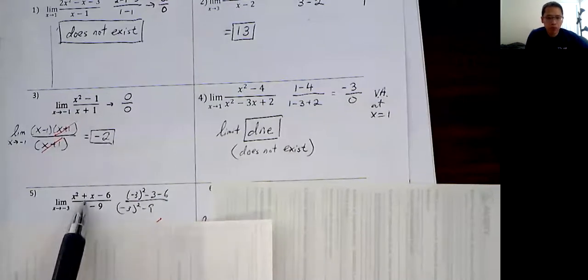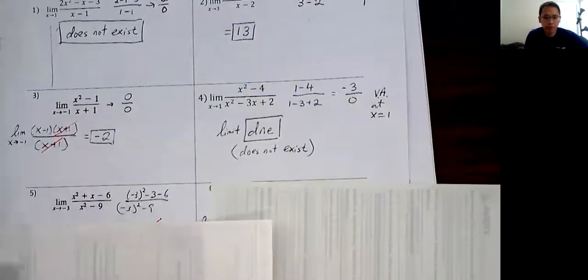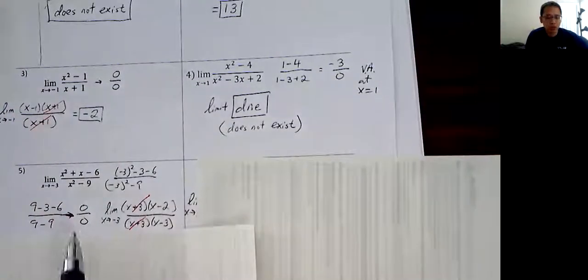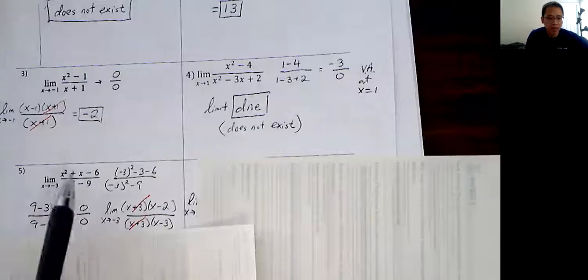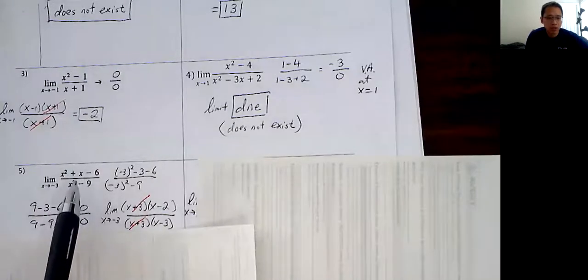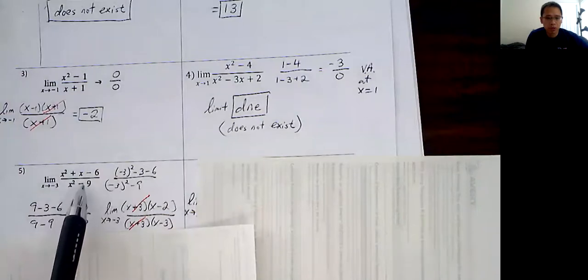So we plug -3 in, we get 9 minus 3, which is 6, minus 6 is 0. So we do get 0 over 0. And there we know there's a hole. We know there are some factors hiding behind these terms that we can hopefully make appear and allow us to see what can be reduced.